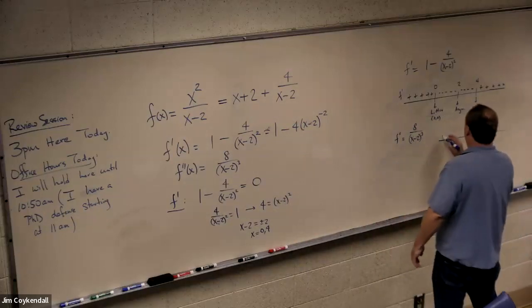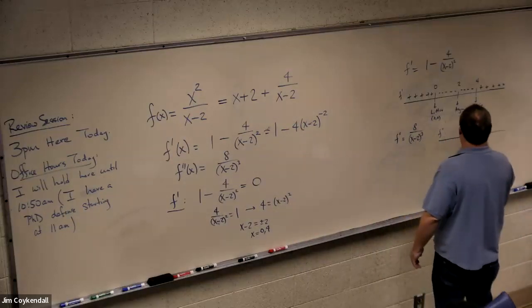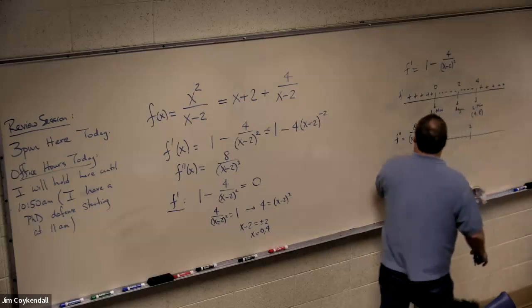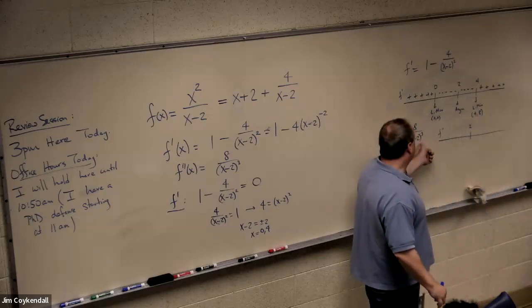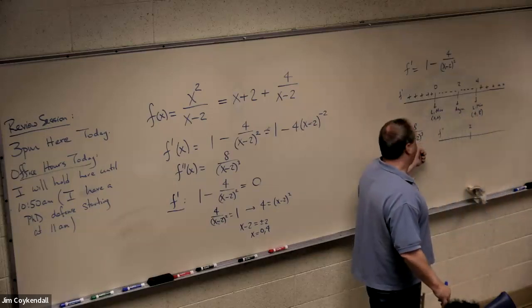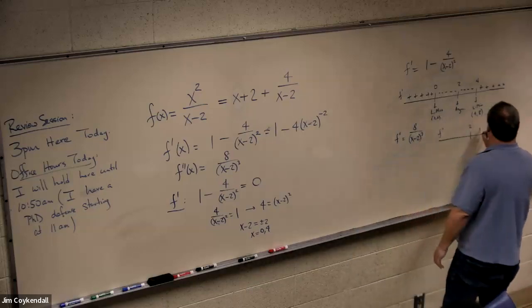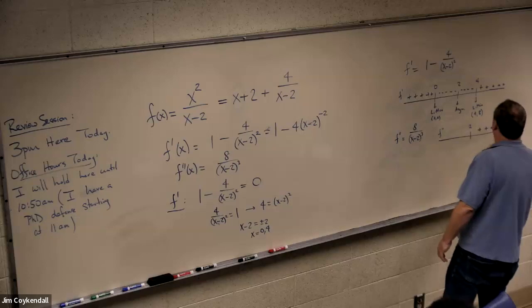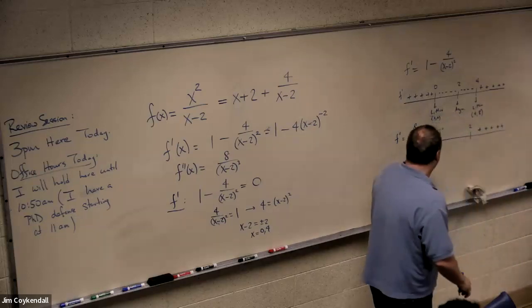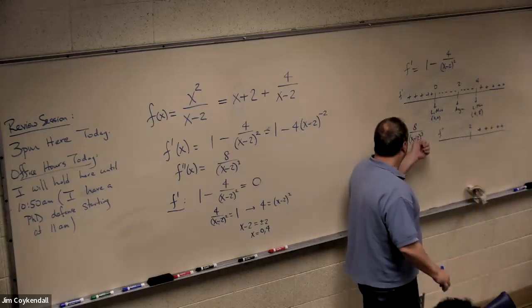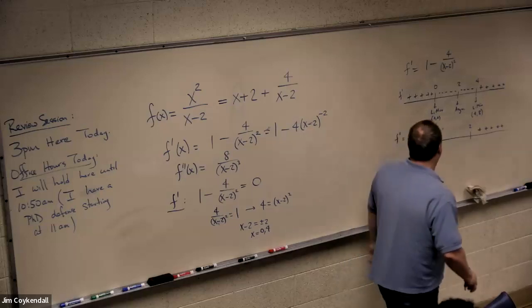So let's analyze the second derivative. What happens if you're bigger than 2? Something like, I don't know, 3. This is 8 over 1. Positive. What happens if you're less than 2? Something like 0. You get 8 over a negative. That's negative.